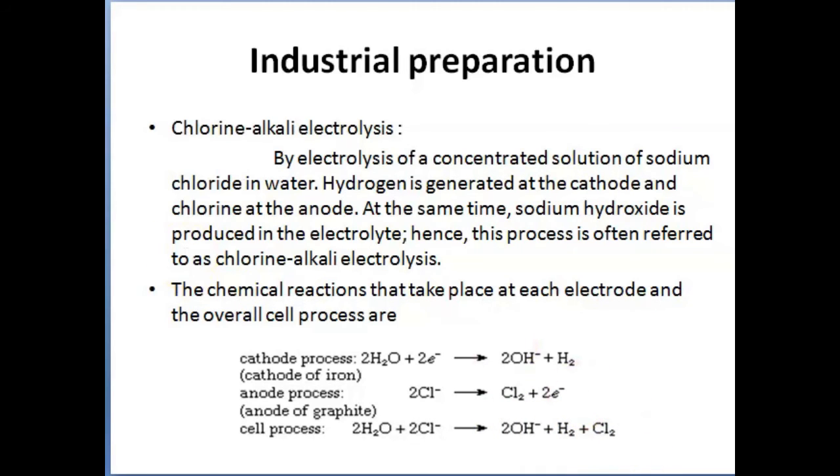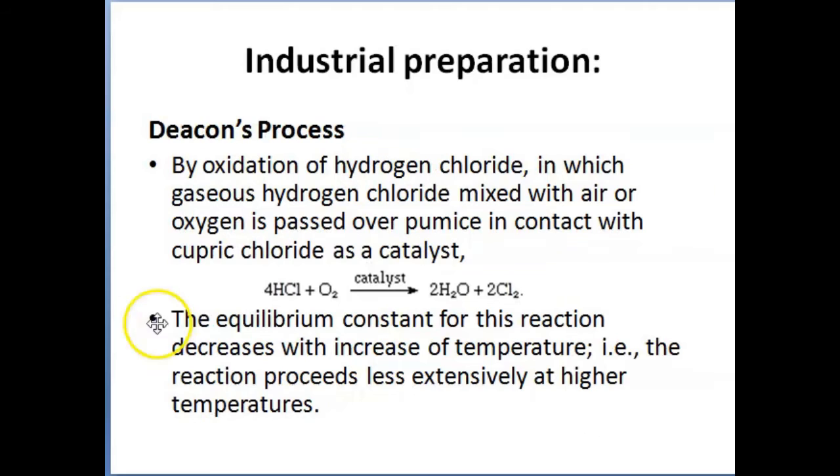The second industrial method used for preparation is the Deacon process. In this, oxidation of hydrogen chloride takes place, in which gaseous hydrogen chloride mixed with air or oxygen is passed over pumice in contact with cupric chloride, which acts as a catalyst, and that helps in the production of chlorine gas.